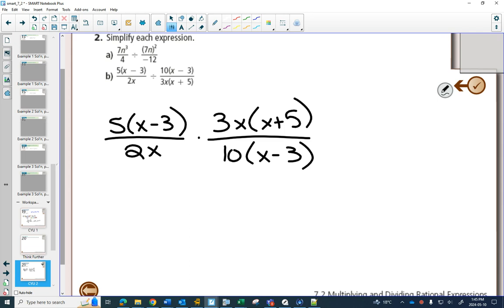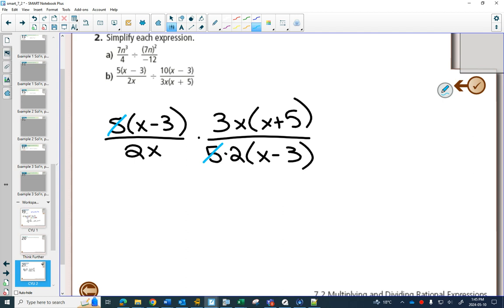Probably that 10. This is where you might recognize it early and just say, instead of writing that 10, I'm going to write it as 5 times 2 already, because it makes me simplify a little bit easier. So now I can see, well, I can get that 5 and cancel it out with that 5.